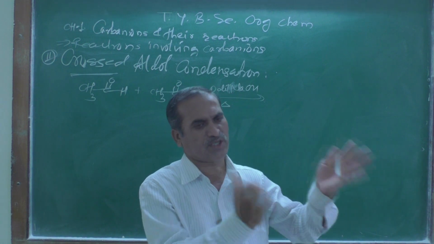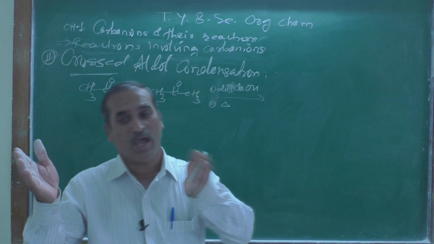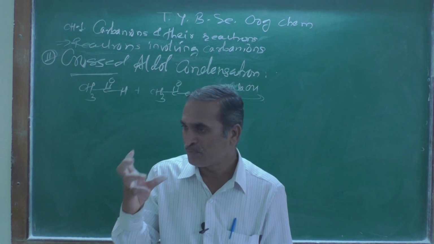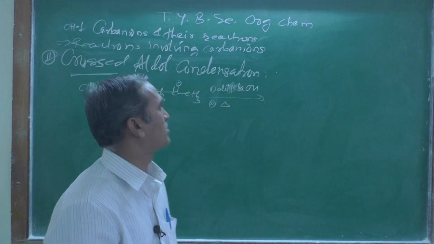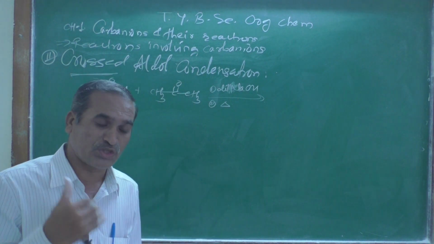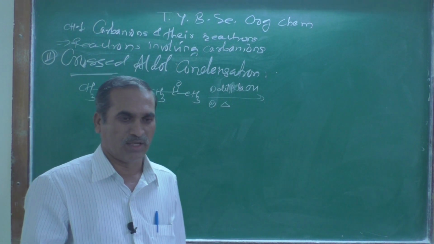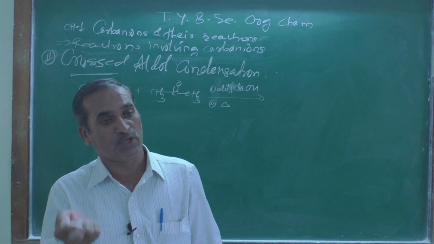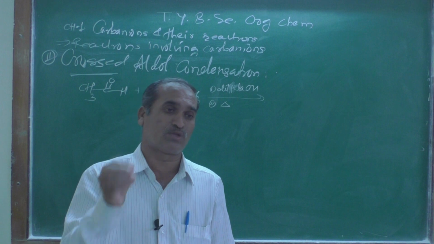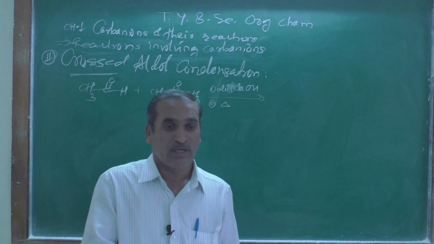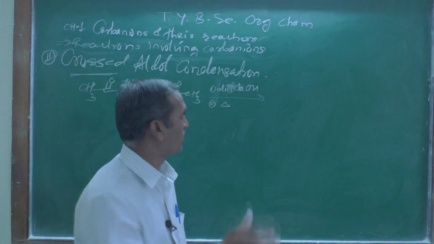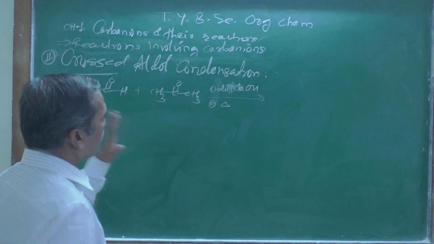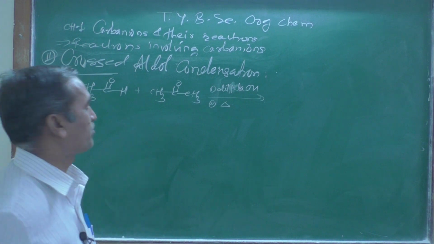You have to use different techniques for separation, and therefore to obtain the pure product is very difficult in such a case. I will explain synthetically later on when cross aldol condensation is very useful, after some time. Now let us look at how we are getting four different products.